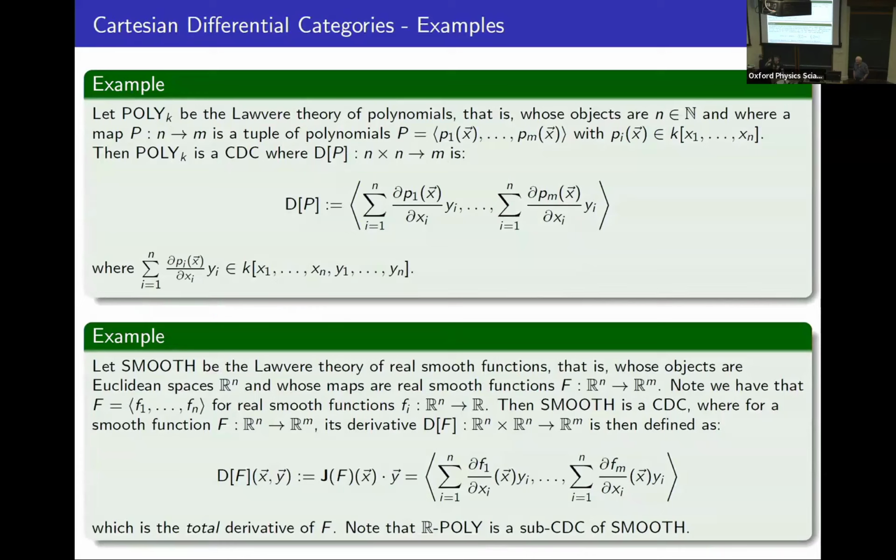Okay, so to answer question one, we do have a higher variable Taylor series, because in my slides, I only gave the R to R example, but my maps here are maps from Rn to Rm. So the Taylor series that you get from the Cartesian differential point of view does give you the multivariable Taylor series. So the answer to your first question is yes, I have those. I just didn't show them for simplicity.